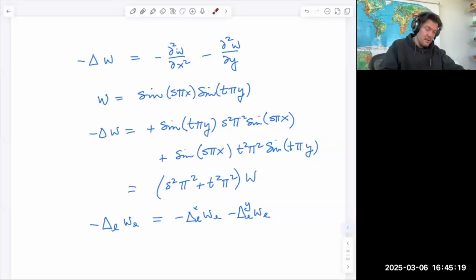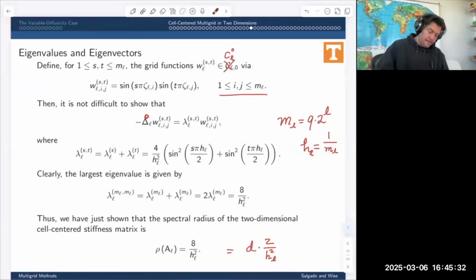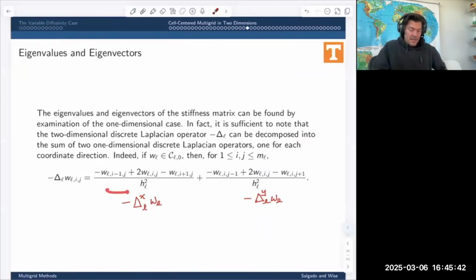It doesn't care about, for example, this guy only sees the y direction, so the x direction can be treated as constants and vice versa for here. That's why this eigenvalue calculation is so easy to do. I really don't have to do anything more than just recognize that this operator can be written as the sum of two one-dimensional operators, one going in the x direction, one going in the y direction.